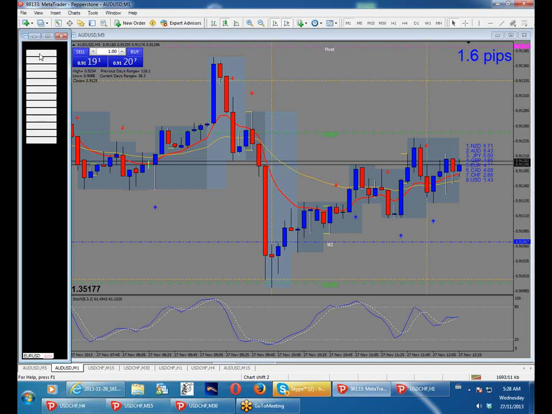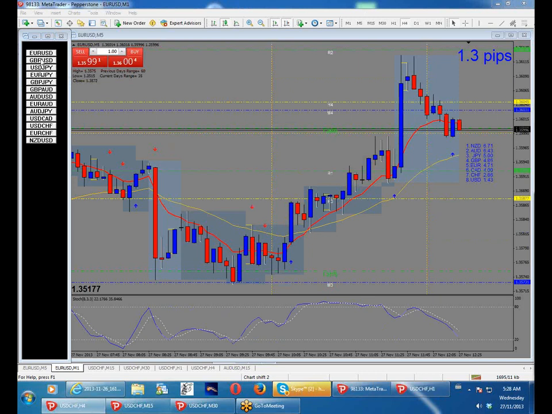Anyways, I'm talking and not flipping. Sorry, guys. So we have a potential setup for the euro dollar. On all other time frames, it looks really good too.